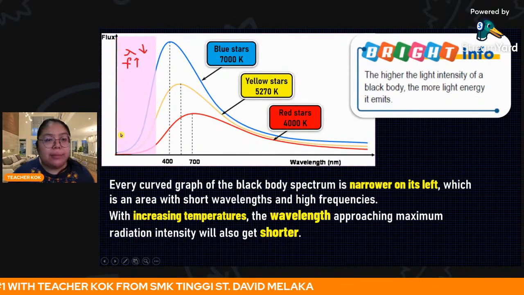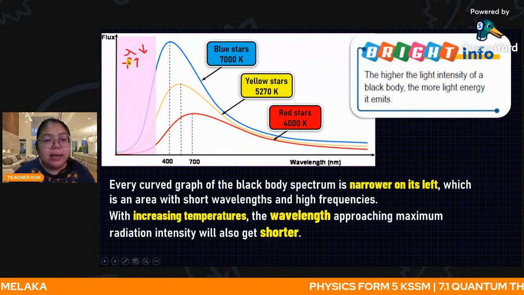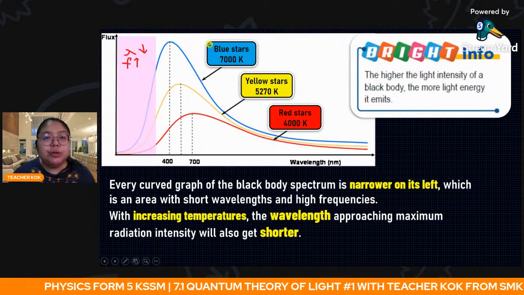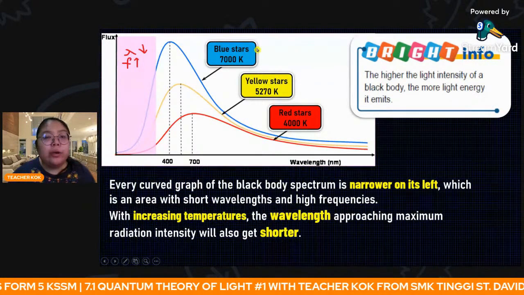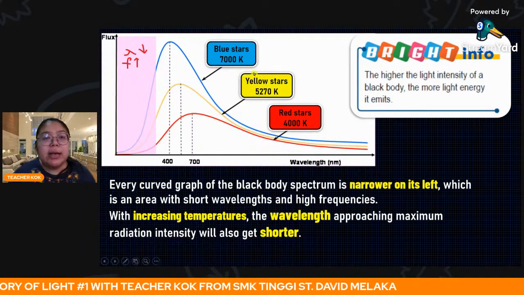So the important part we need to focus on is the left hand side: wavelength drops, frequency is high, light intensity is also high. Who will achieve high light intensity? Sure, the star with the highest temperature.